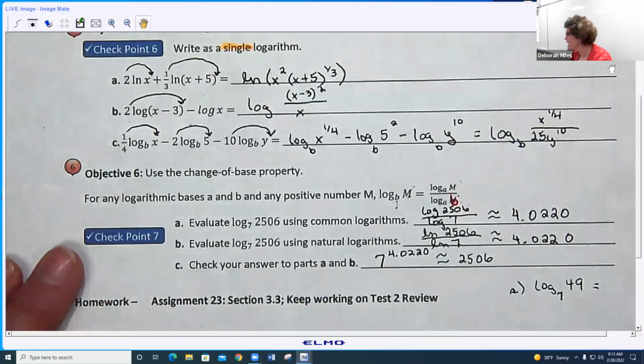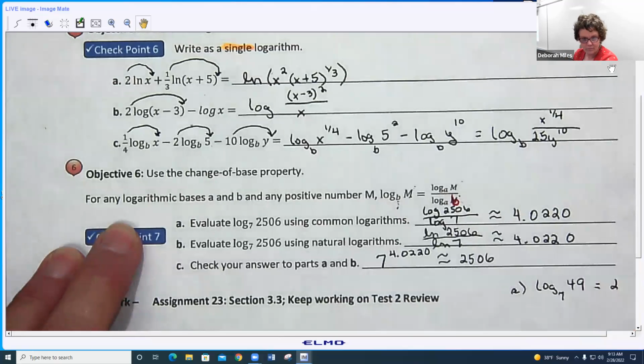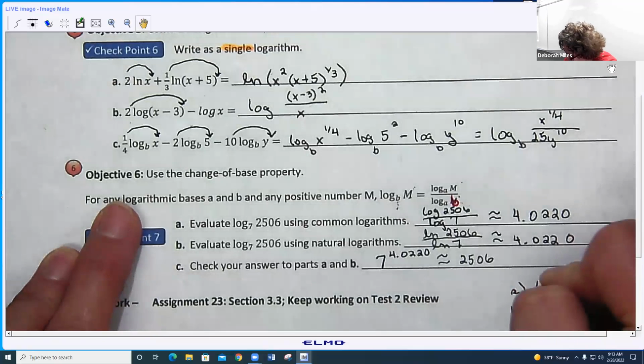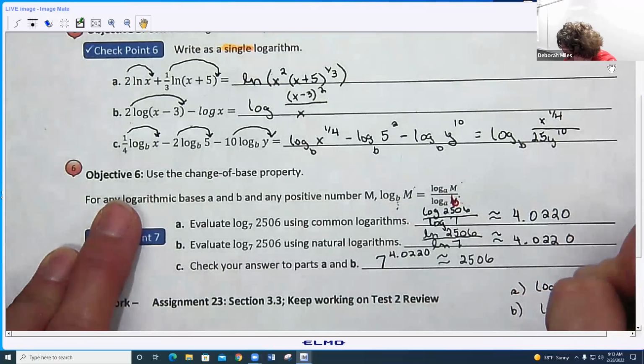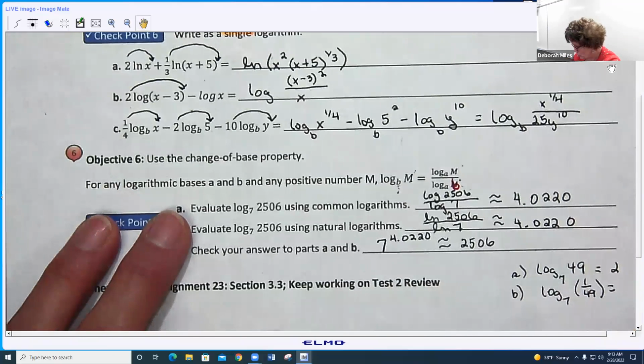You're not dividing, Dominic. You're saying, what's the exponent? Yeah, 2. That's right. And then, what if I say log base 7 of 1/49? What's that? That's -2, because 7 to the -2 gives you 1/49.